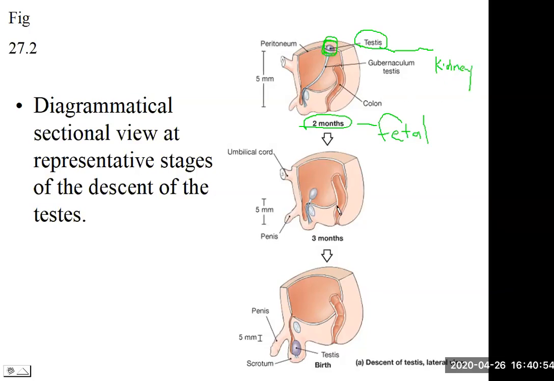And as the male fetus continues to grow and develop, there's a structure known as the gubernaculum testis. It's connected down to the developing scrotum, and over time, the testis is pulled inferiorly and anteriorly, and ultimately, by birth, this should be complete, with the testes properly descended into the scrotum.